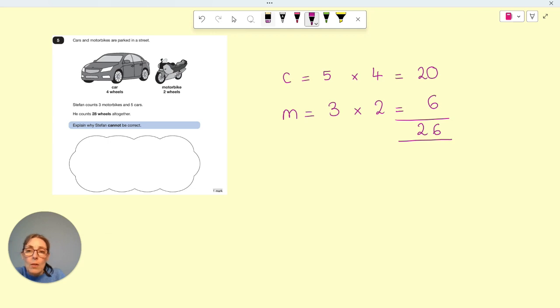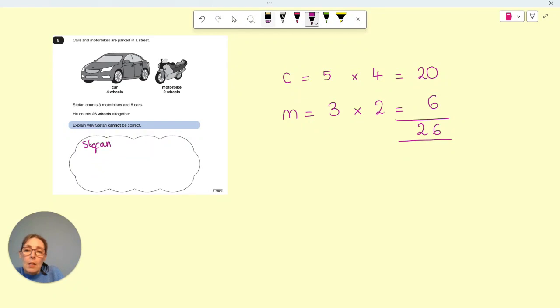Car has 4 wheels. There are 5 cars, there's 20 wheels. There are 3 motorbikes, and each motorbike has 2 wheels, so it's 3 times 2 is 6, so it's 26. He counts 28 wheels altogether. Explain why Stefan cannot be correct. What shall I put?